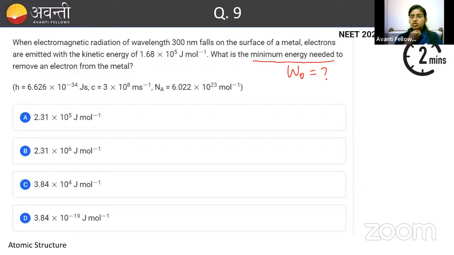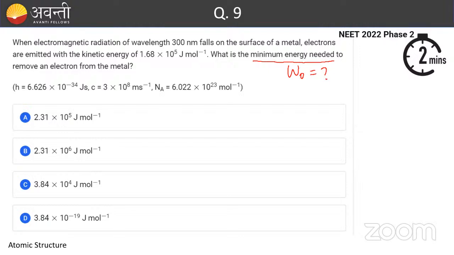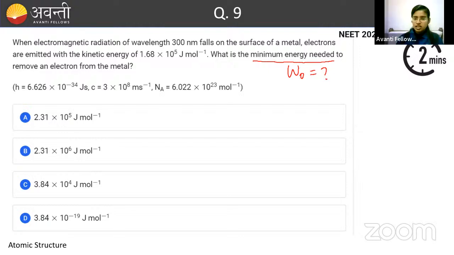So we are asked to find out the W naught, the work function. Some of the values are given to us. The wavelength is given as 300 nanometer; wavelength is denoted by the letter lambda.